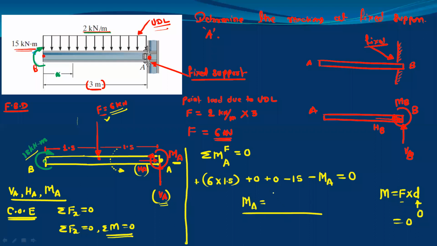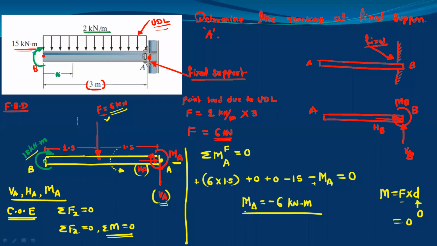So here MA will be equal to minus 6 kilonewton meter. Right now our answer is negative. Actually, we have considered the moment to be clockwise, and this clockwise moment is already considered by the negative sign in the equation.